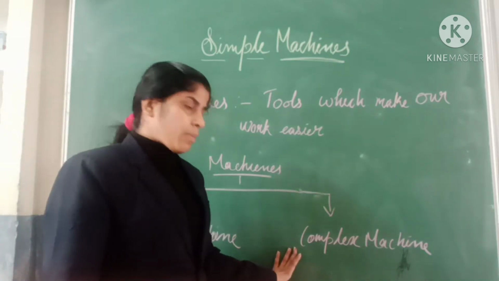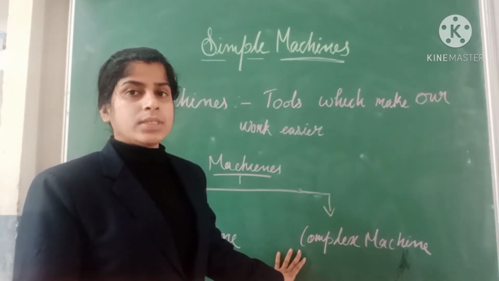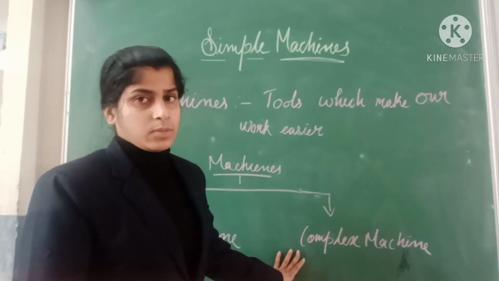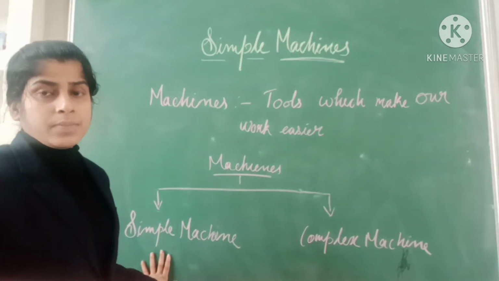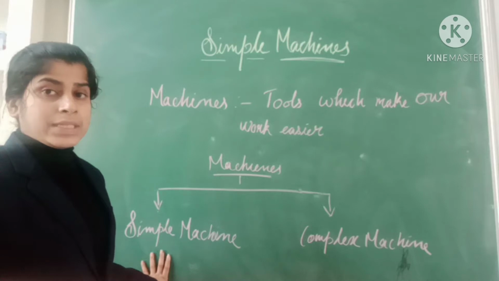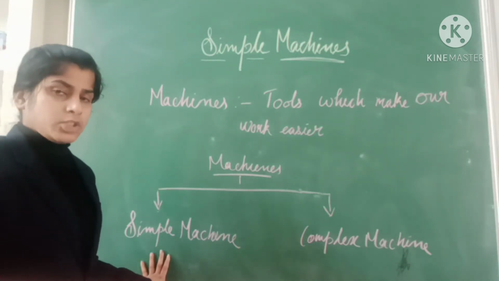An example of a complex machine: your fan, mixer, grinder. Examples of simple machines: scissors, tongs, knife, needle, screw.